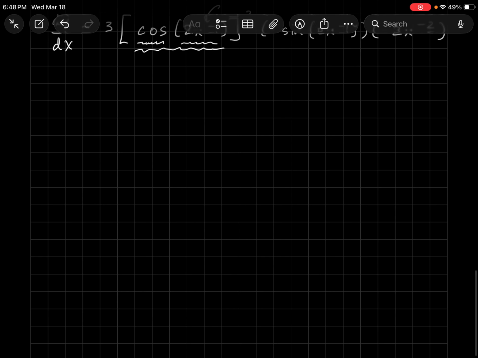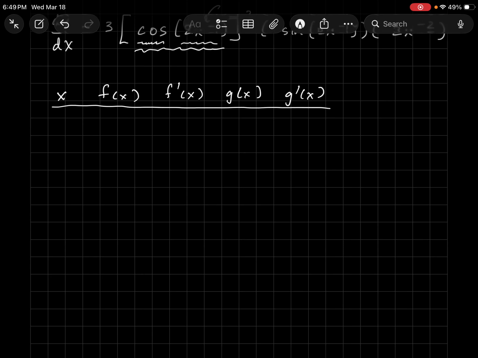One more problem, because I like to do numeric problems. And consider f and g being continuous and differentiable for all x. I will state that without writing it. It's just going to allow me to do problems like this. And let's put some values down. Let's say x equals negative 1 and 2.